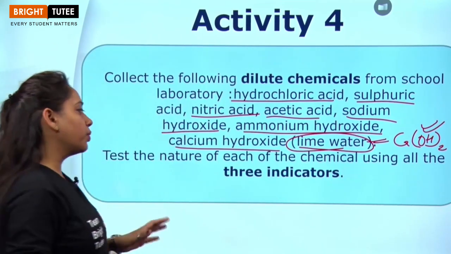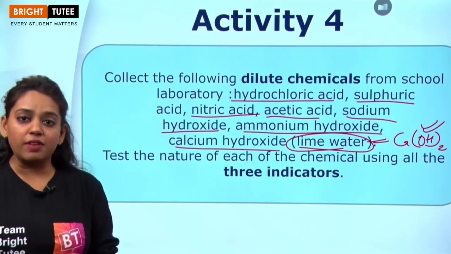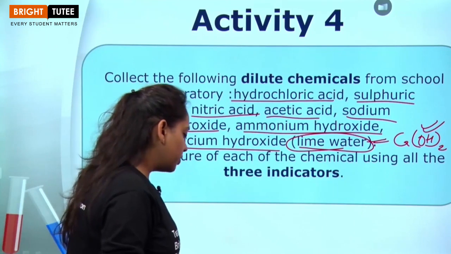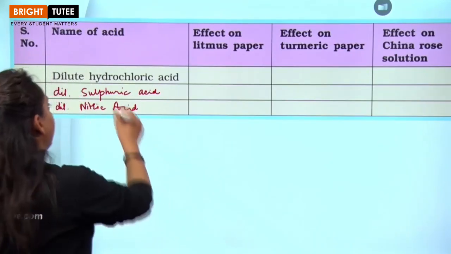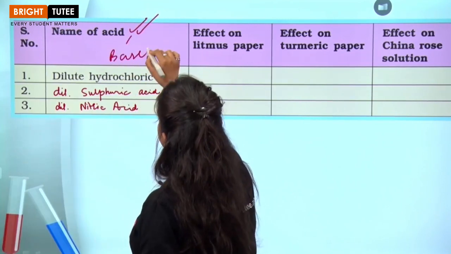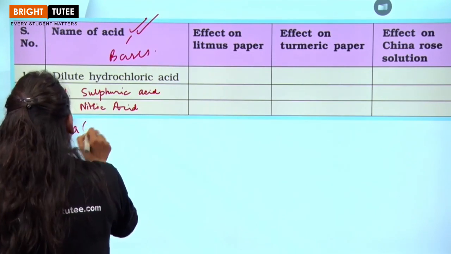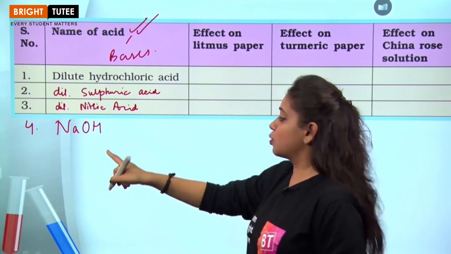Now you have to test all the three indicators that we have studied till now and observe what color change you see. You can make a table like this and write the names of the acids or bases that you have taken, like the base which we have taken is sodium hydroxide. This is the chemical symbol of sodium hydroxide.